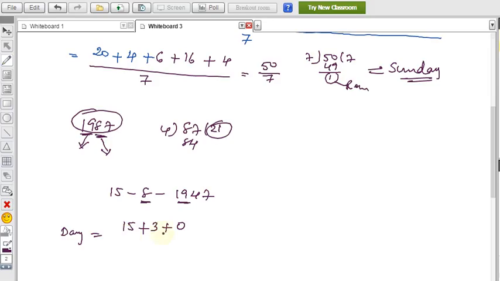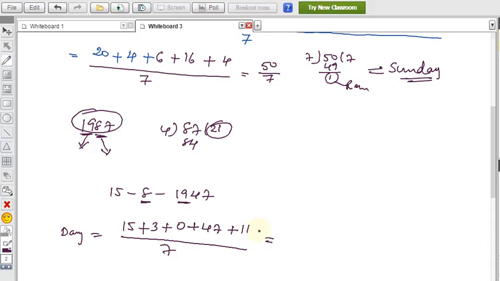Date, month code, century code, plus years is 47. Plus the number of leap years in 47 is exactly 11, because 11 fours are 44, and the next is 48. So 11 leap years are completed. Divide by 7. 15 plus 3, 18.